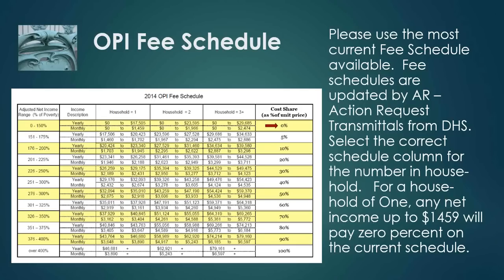Now that's going to be 0%, but they will have to pay the $25 annual fee if they haven't already paid it. So you can see there at the red arrow that I pointed out, it says 0%, so they're not paying a percentage, which means that they're subject to the annual fee.